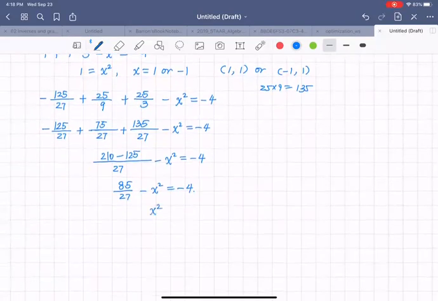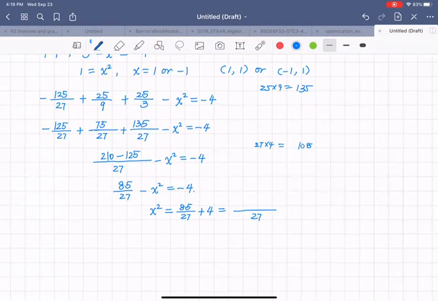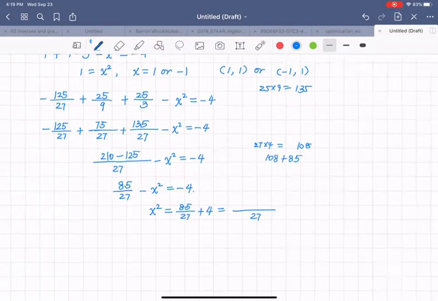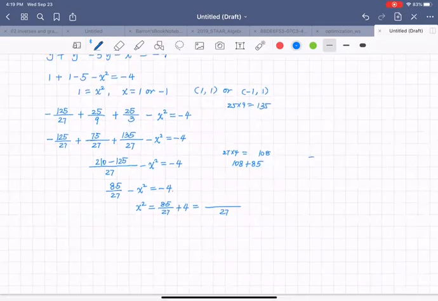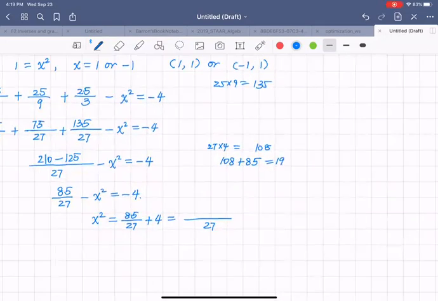So x squared equals 85 over 27 plus 4, right? 27 times 4 is 108. 108 plus 85 equals 193.